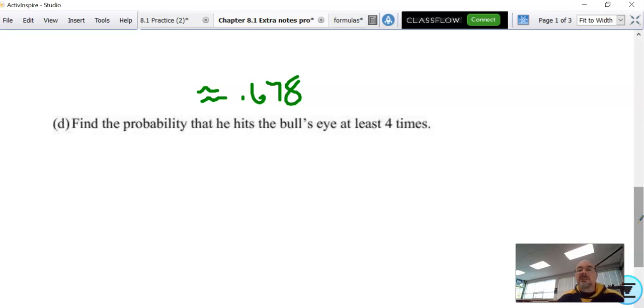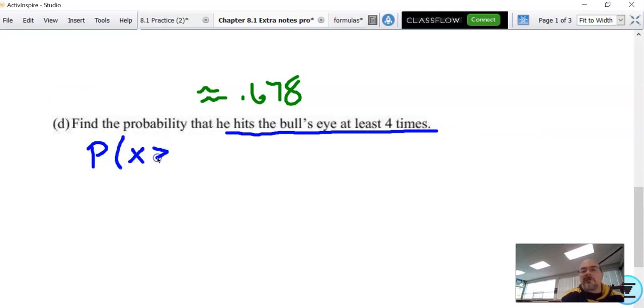All right, this next one. Finally, I hope you're still watching because this one, I really got to emphasize. Find the probability that he hits the bullseye at least 4 times. Okay, the probability of at least 4 means 4 or more.